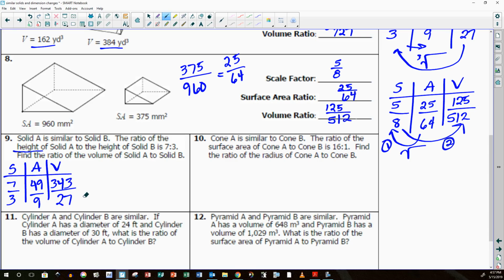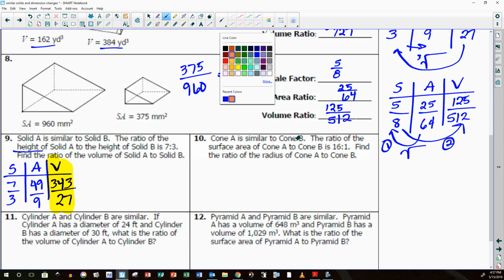So here are my scale factors. It says find the ratio of the volume. Since they're asking me to find the ratio of the volume, that's the column they're asking me to find. If you just fill out the table, then you have all the answers to any question that they may be asking.